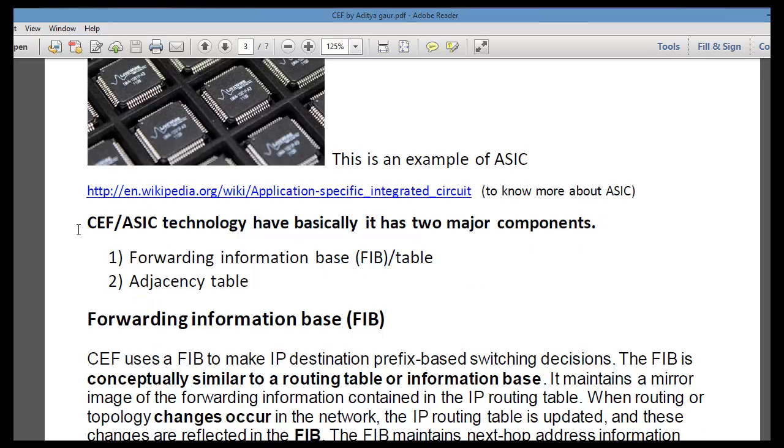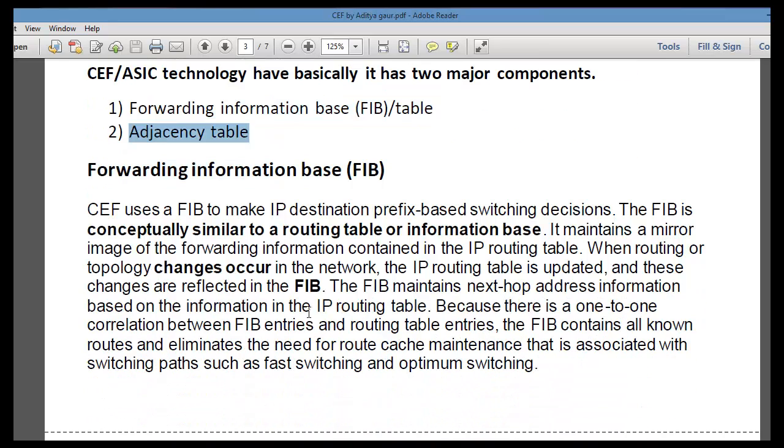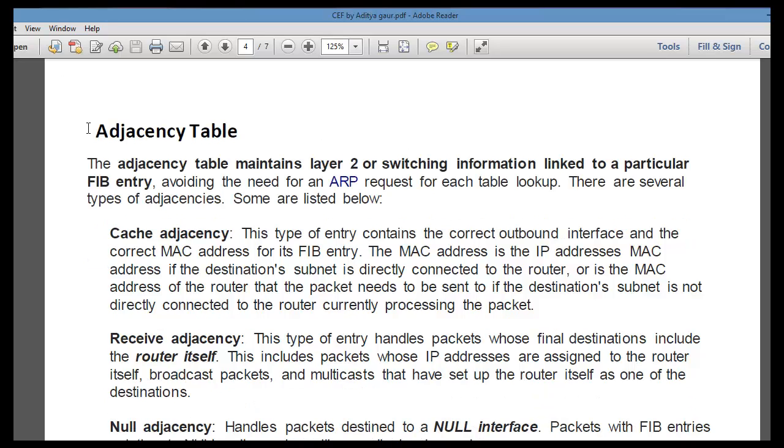As I told you earlier, CEF has two major components: the forwarding information base table and the adjacency table. I have also described what the forwarding information base is. It is conceptually similar to a routing table or routing information base. The adjacency table maintains layer 2 or switching information linked to a particular FIB entry.